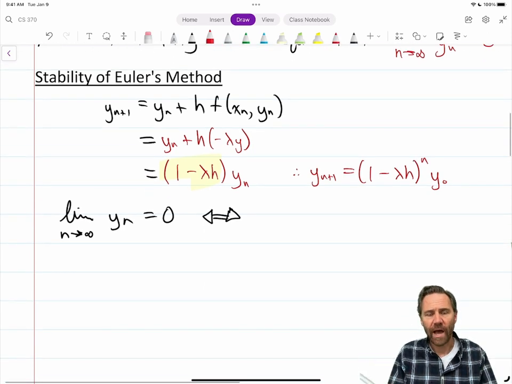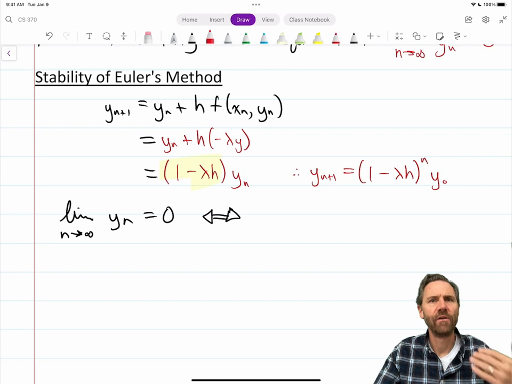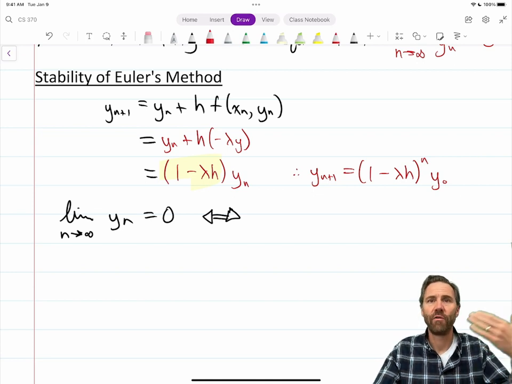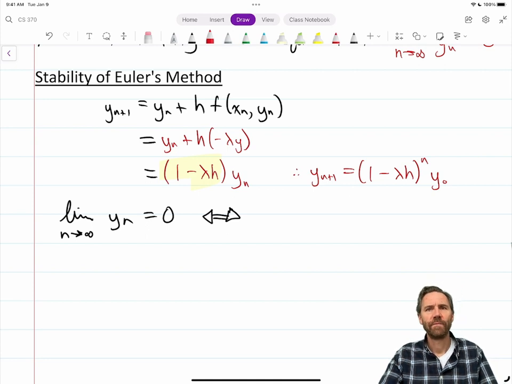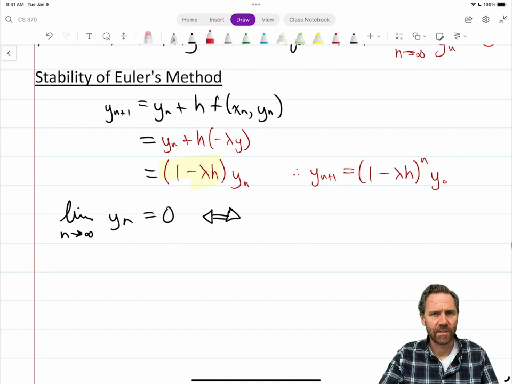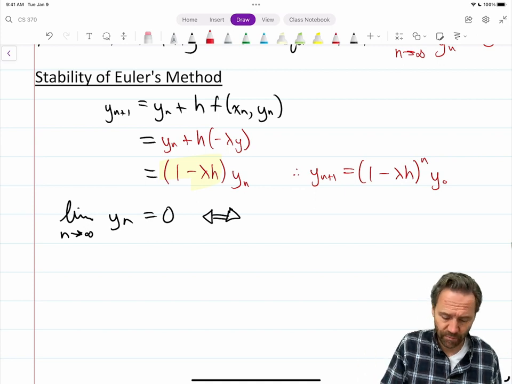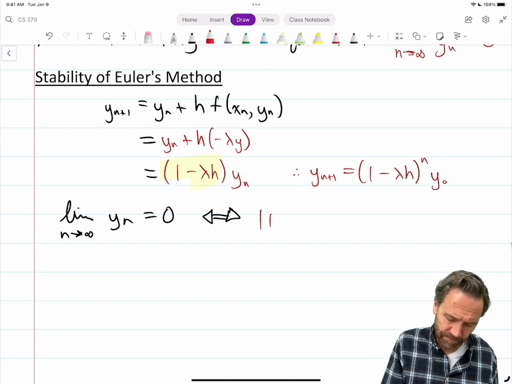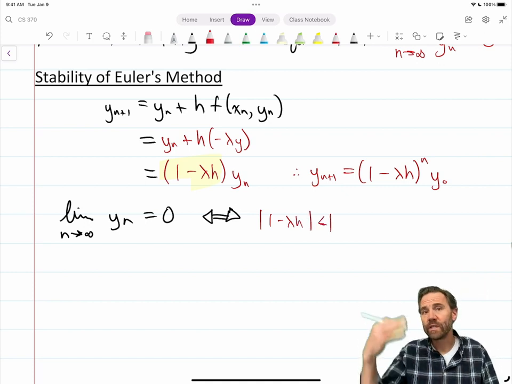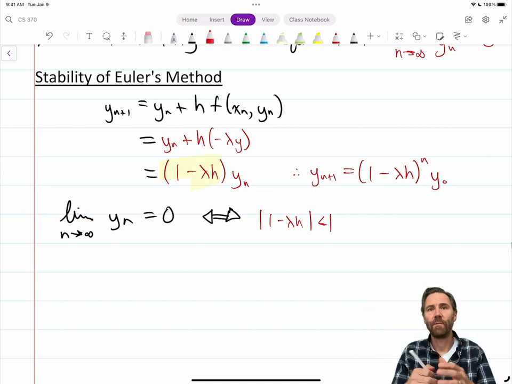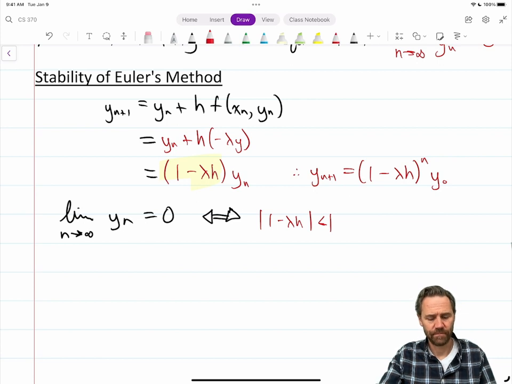So in order for that numerical solution, that iterated Euler's method solution, to go to 0, we need the thing inside that exponential, 1 minus h lambda, to be smaller in size than 1. Okay, because if it is, raising it to a higher power makes it smaller and smaller and smaller, and therefore y sub n will go to 0.